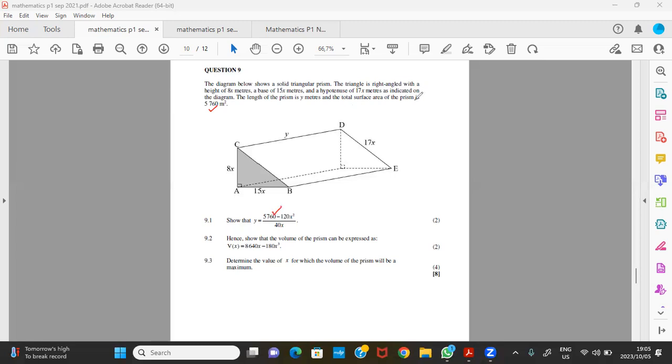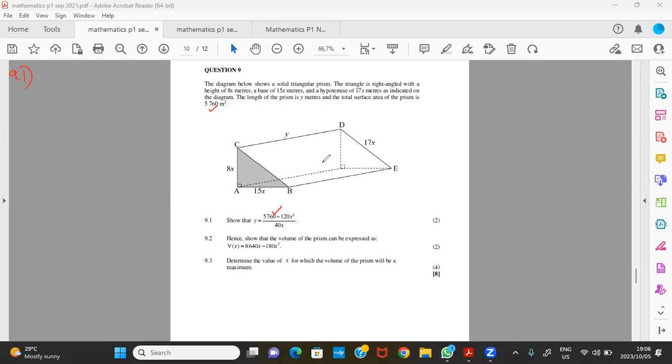So what are we going to do? We are going to basically calculate the total surface area in terms of the lengths that we were given, right? Then we are going to equate it to the 5,760. So here's 9.1. What is total surface area for those who might have forgotten?